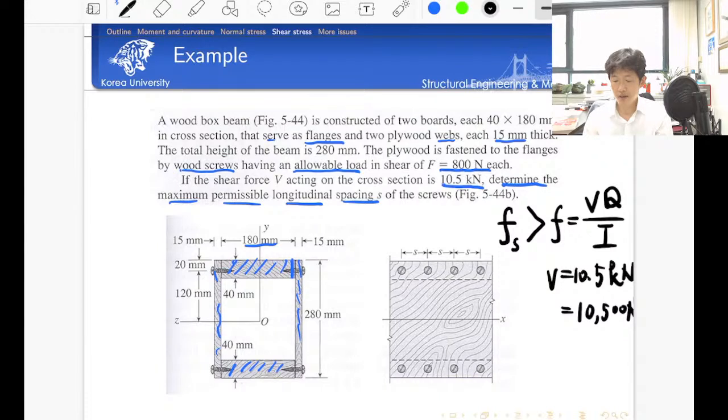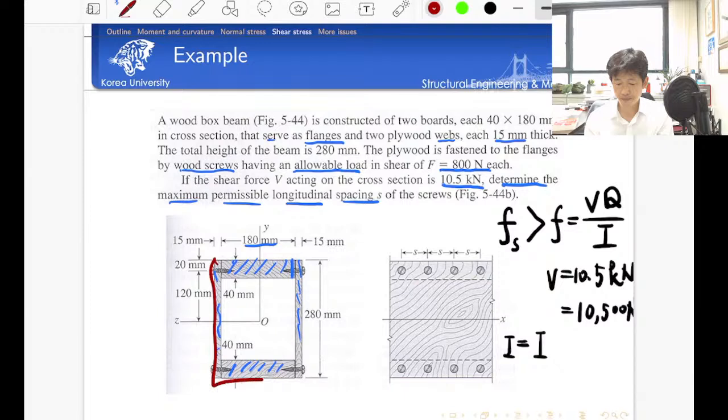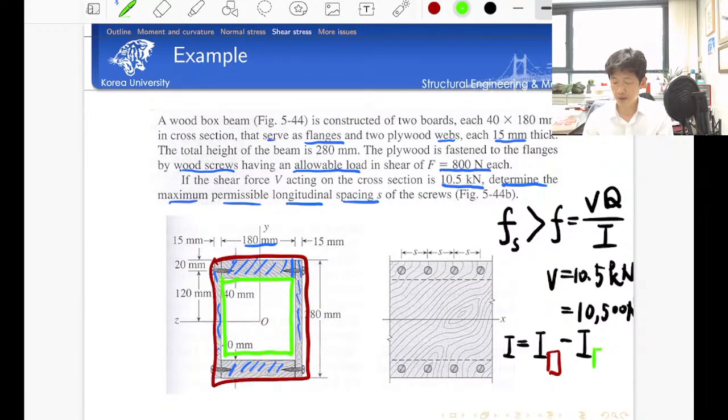And then can you calculate the second moment of inertia? The second moment of inertia is what? Again, we consider the second moment of inertia for the large cross section, and then we subtract the second moment of inertia for the negative section.